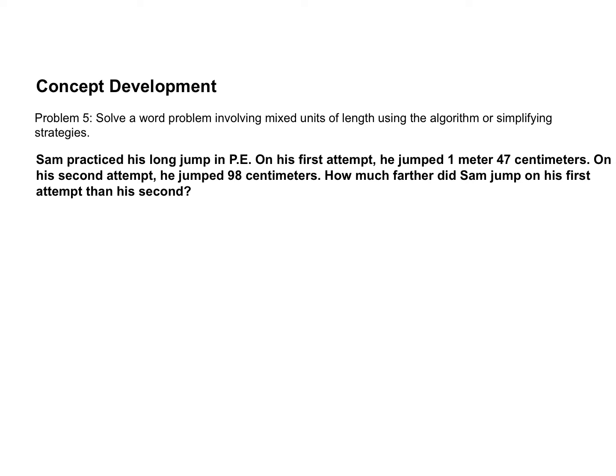All right, so his first attempt, let's write this down. First, he went 1 meter, 47 centimeters. His second attempt, he jumped 98 centimeters. Now, we know that if we're trying to find out how much further he went, then ideally we're just going to subtract, and that will give us the answer.